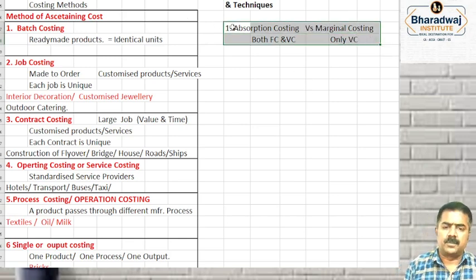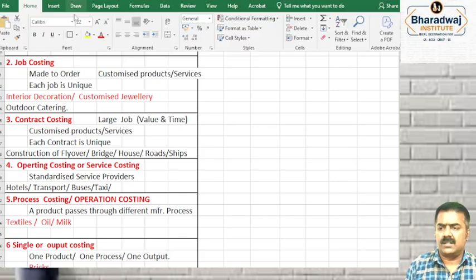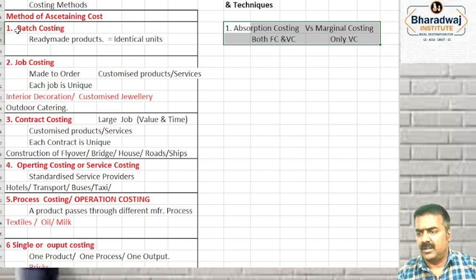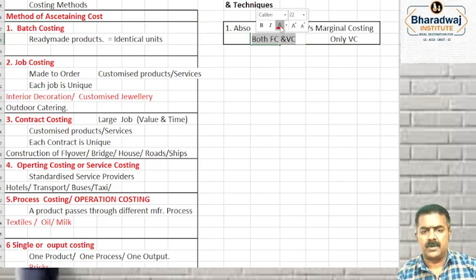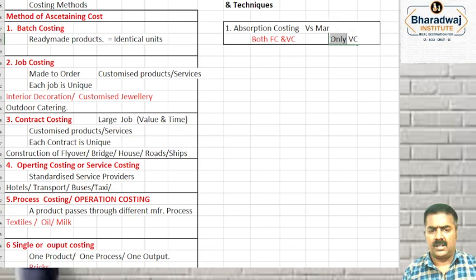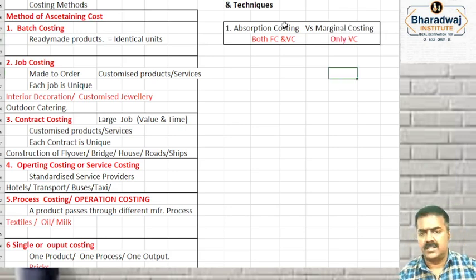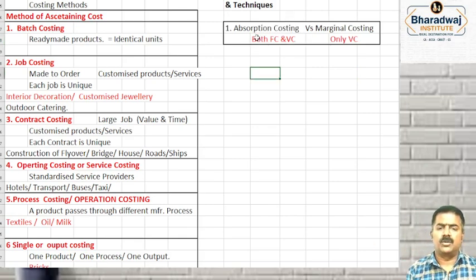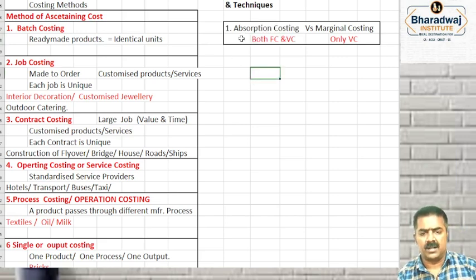Sir, will I follow absorption costing technique or marginal costing? Choice is yours. You can do any of these. Should I include both fixed and variable cost or only variable cost? It depends upon how you look at the cost. If I look at only variable cost as relevant, I consider that and decide. Oh no, I'm a monopoly, I can decide any price, then I can include both fixed and variable cost.